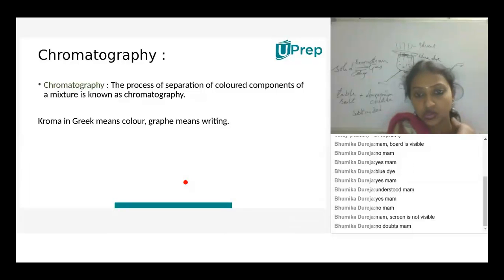Understood or not? There are many chromatographic techniques like high performance liquid chromatography, liquid chromatography, gas chromatography, high performance gas chromatography. You will learn all this in higher classes, but according to your standard 9, there is only one, that is paper chromatography.